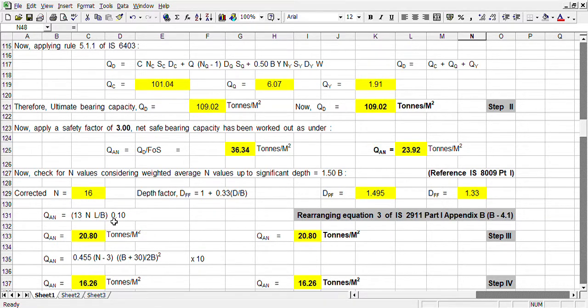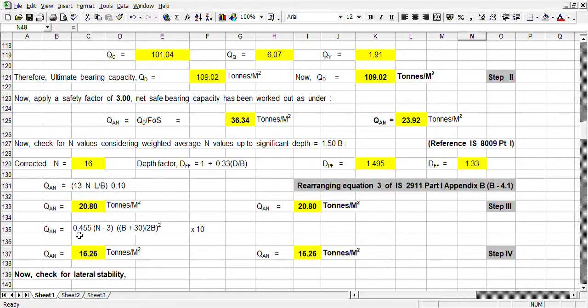This equation is basically used in pile load estimation with end bearing and frictional resistance. Deducting the frictional resistance, we are considering only the end bearing portion, which is 13 and L by B, and since it is in kilonewtons, I use 0.1 as a multiplying factor to get the ton per meter square.